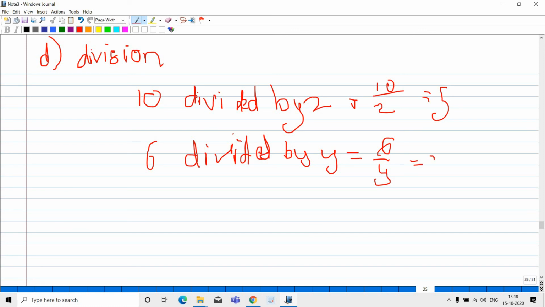Either we can write it like this also. 6 divided by y does not give a numerical answer, but this is the way we can solve it, and these two ways are correct. Maximum all the people will use this way.